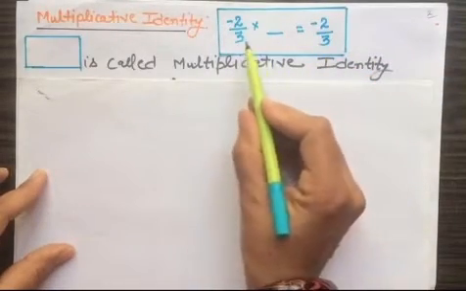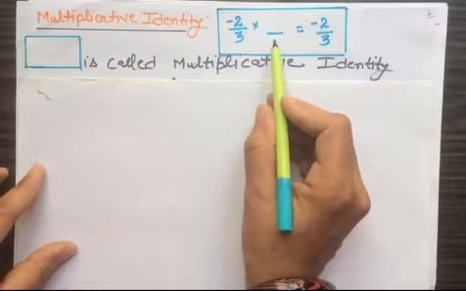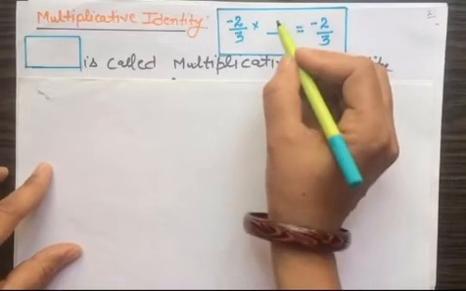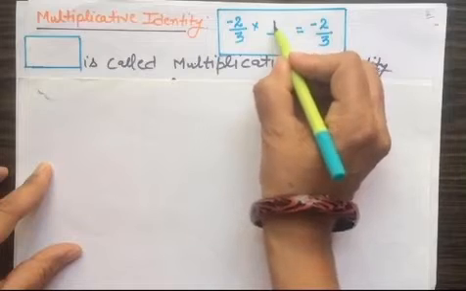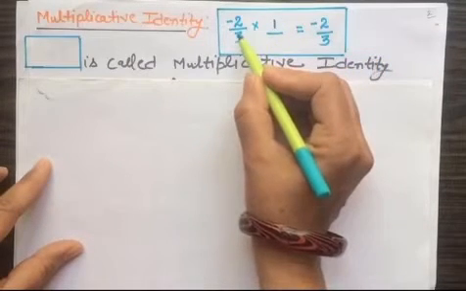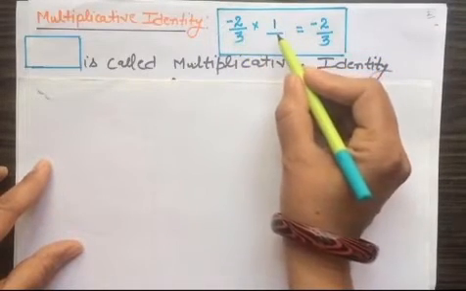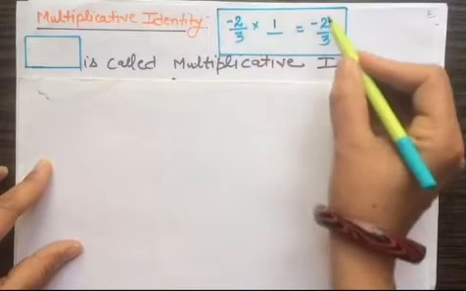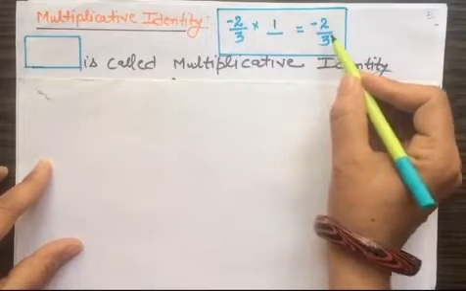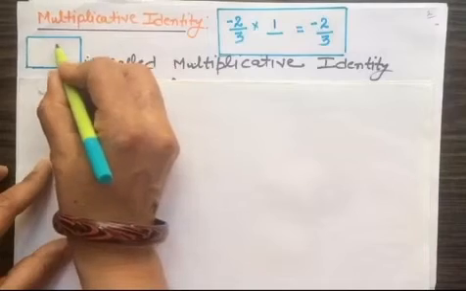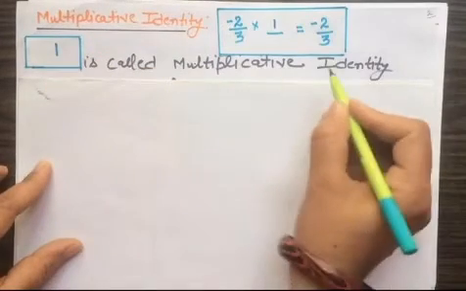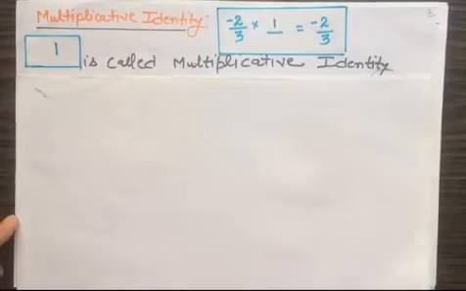There is only one such number, that is 1, and 1 is a rational number. So when we multiply any rational number with 1, the number remains same. So 1 is called multiplicative identity for rational numbers.